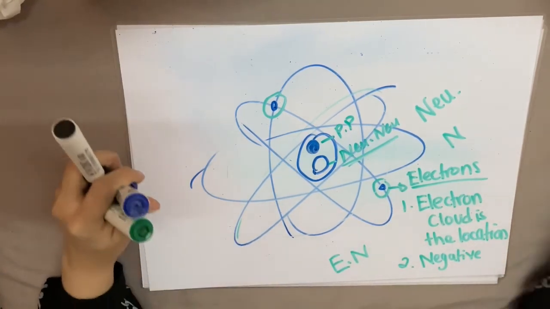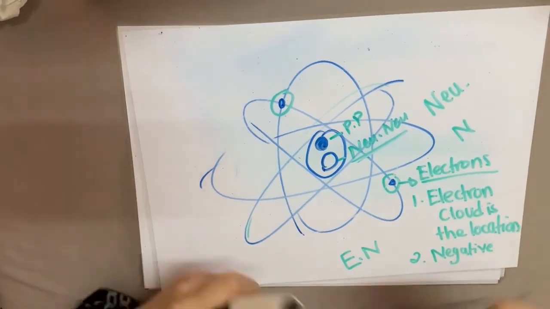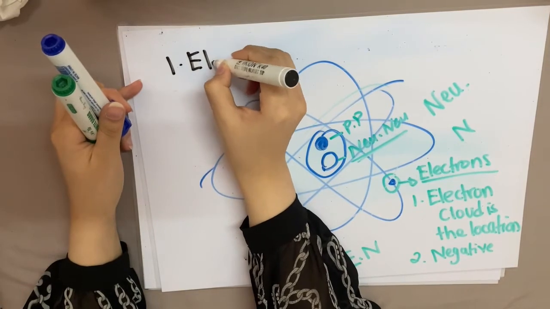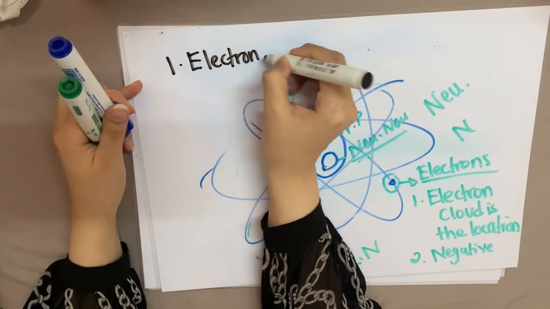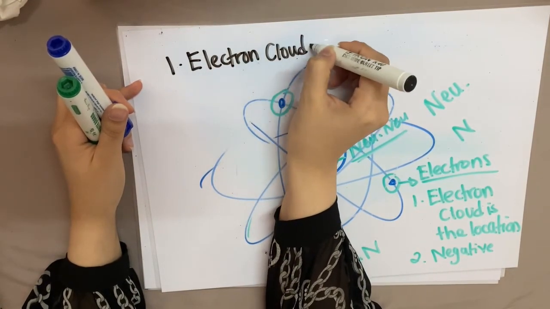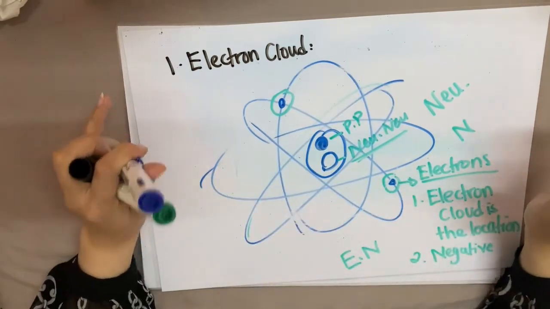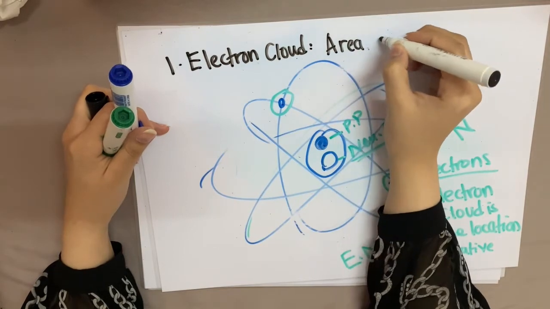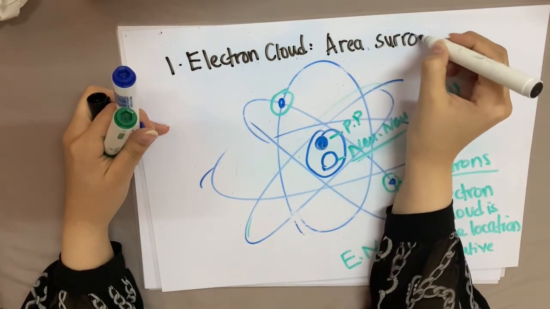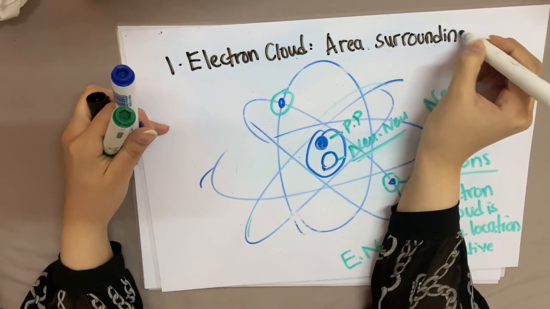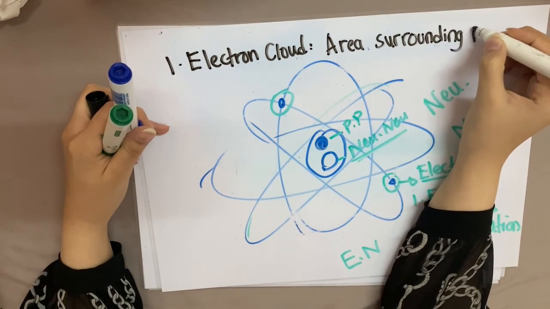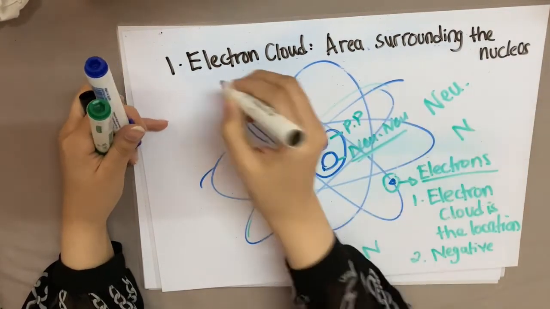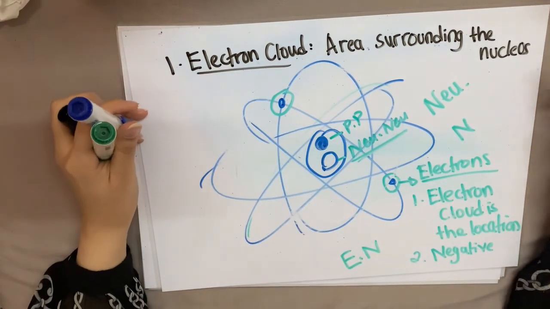Okay, so what is an electron cloud? Let's define it. Electron cloud, simply, it's the area surrounding the nucleus. So this is the definition of an electron cloud.